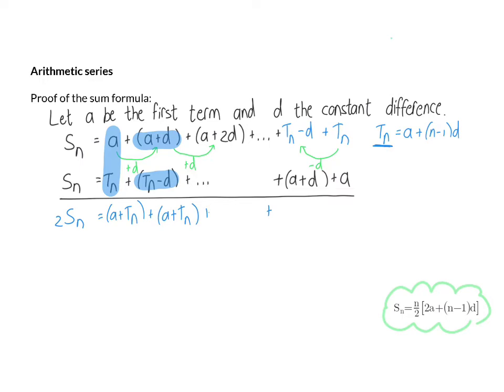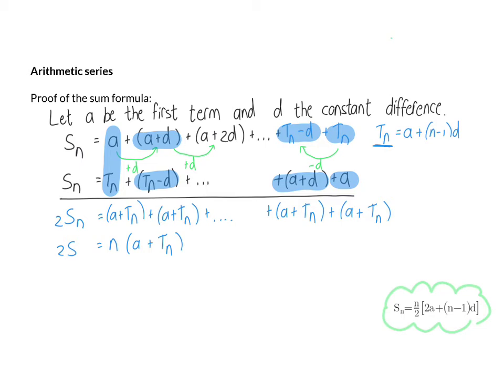And this will continue all the way down to the end. If I look at the second last term in each equation and add that up, I will have Tn plus A, or I'm going to write it as A plus Tn, because once again minus d plus d is 0. And right at the end, Tn plus A, which I'm going to write as A plus Tn.